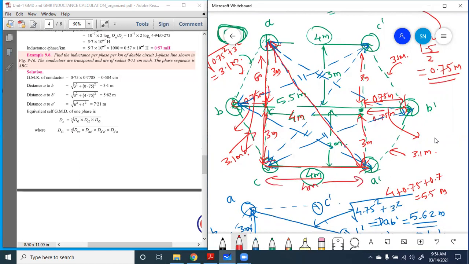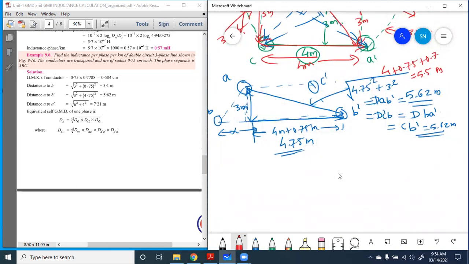Obviously, the distance AA' is equal to the square root of 6 square plus 4 square, that is equal to 7.21 meters.